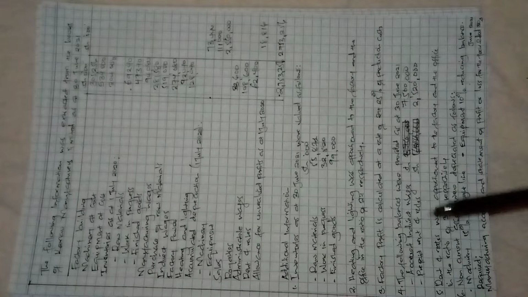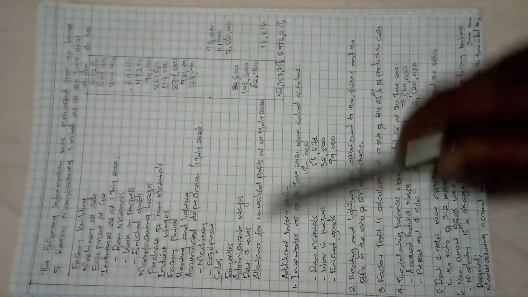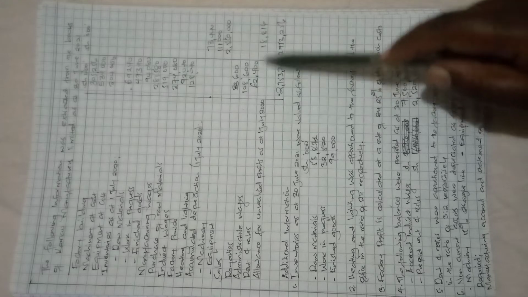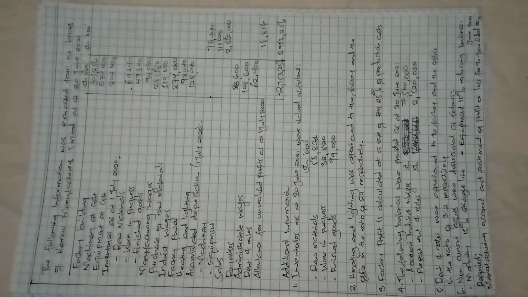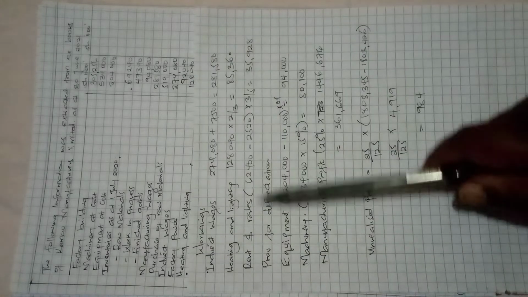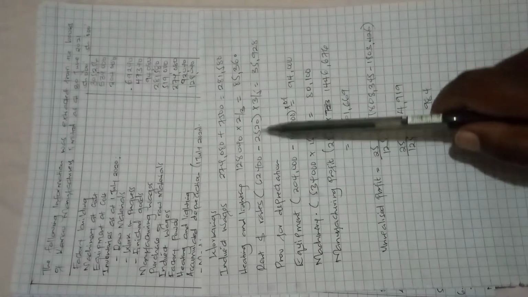Then you go to rent and rates here. Prepaid rent and rates amounting to that. You go back here, rent and rates 62,400. This one is prepaid, meaning it's meant for the following year. That one you subtract. When you look at our workings, we have rent and rates 62,400 minus 2,520.